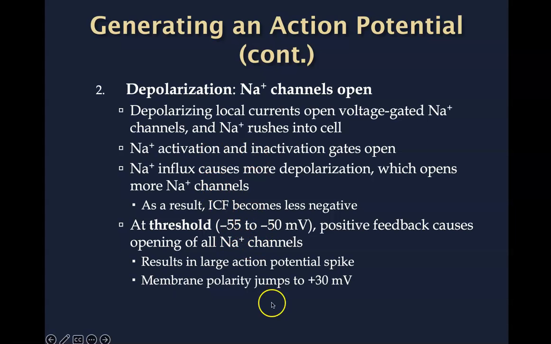Now it's going to cause more sodium to rush in, causing the neighboring channels to open, causing more sodium to rush in, causing the neighboring channels to open, causing more sodium to rush in. So remember, this is a positive feedback mechanism, and this is going to result in a large action potential spike, okay?